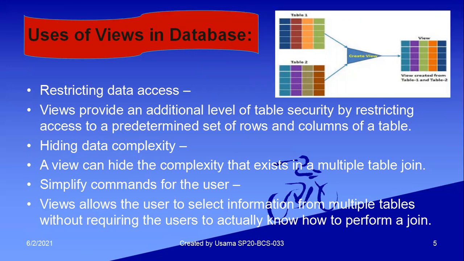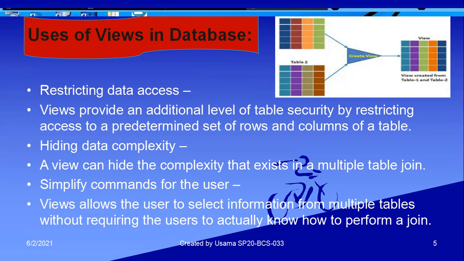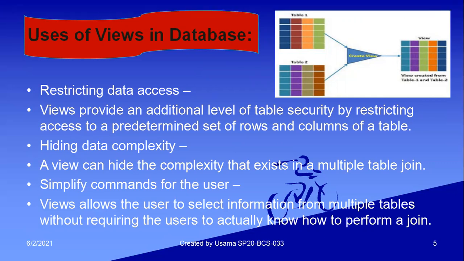The next important use of views is simplifying commands for users. We can simplify commands for users from multiple tables, without requiring the users to actually know how to perform a join. We have a number of joins for performing views.